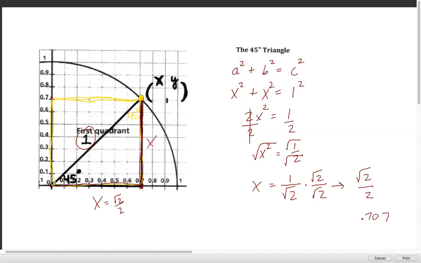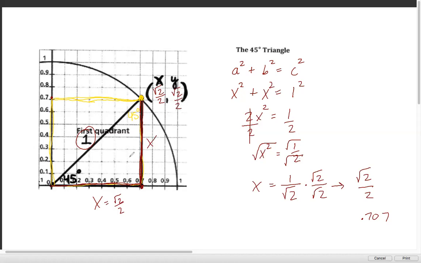So from the origin, to get to this point here, you'd have to go a distance of 0.707, which is exactly root 2 over 2 to the right. So that's the square root of 2 over 2, and then up that same amount, because again, this is coming from a square, the 45, 45, 90-degree triangle, and this is also the square root of 2 over 2.